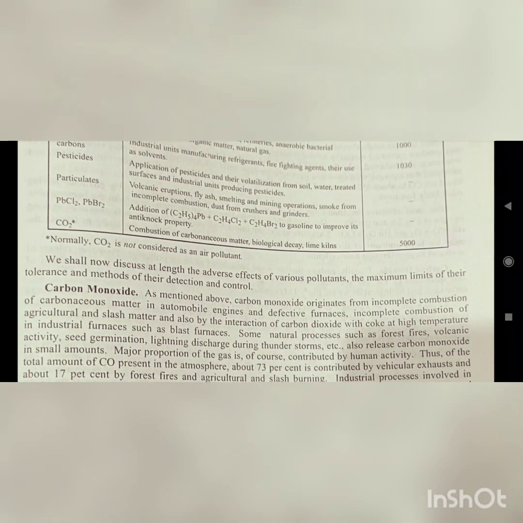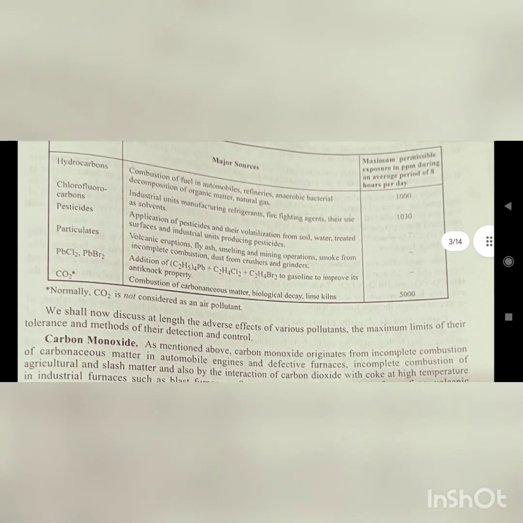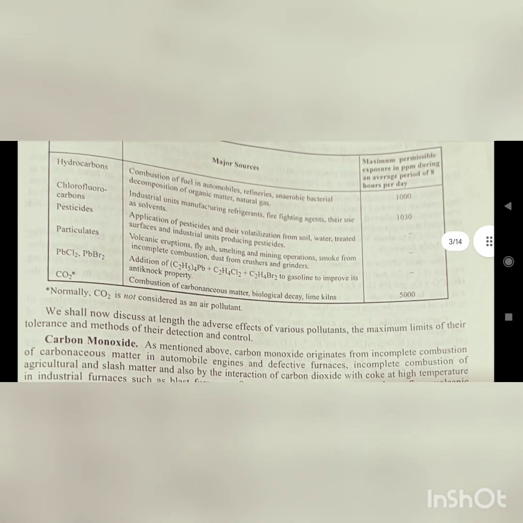CO2: combustion of carbonaceous matter, biological decay, lime kilns. For these, maximum permissible exposure for hydrocarbon is 1000 ppm, for chlorofluorocarbon 1030 ppm, for CO2 5000 ppm. CO2 is not considered as an air pollutant.